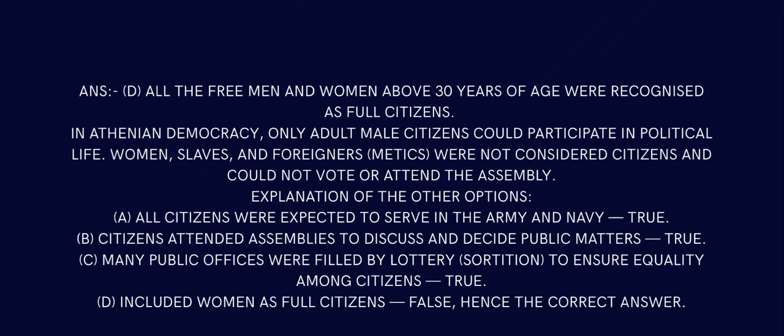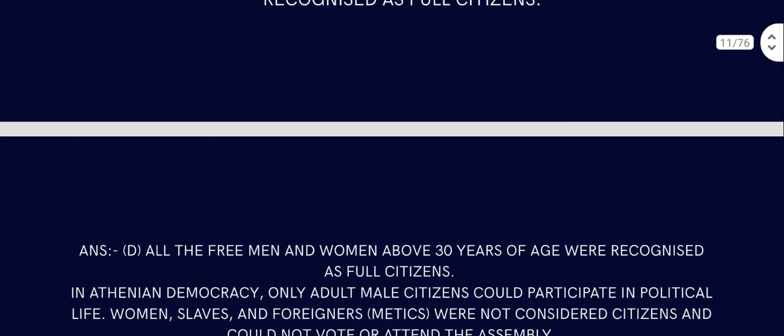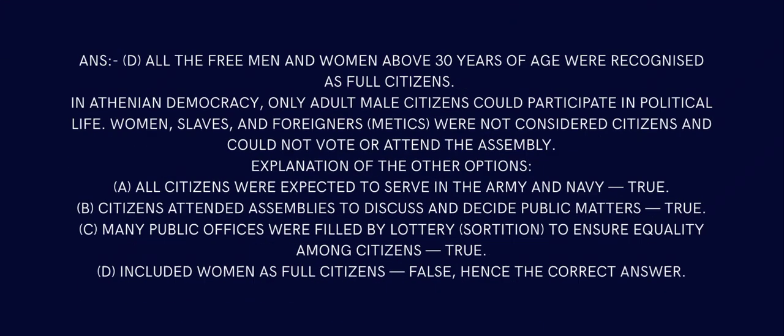Citizens attended assemblies to discuss public matters, true. Many public offices were filled by lottery, that is true. All these are features of Athenian democracy. But what is not a feature is that all the free men and women above 30 years of age were recognized as full citizens.